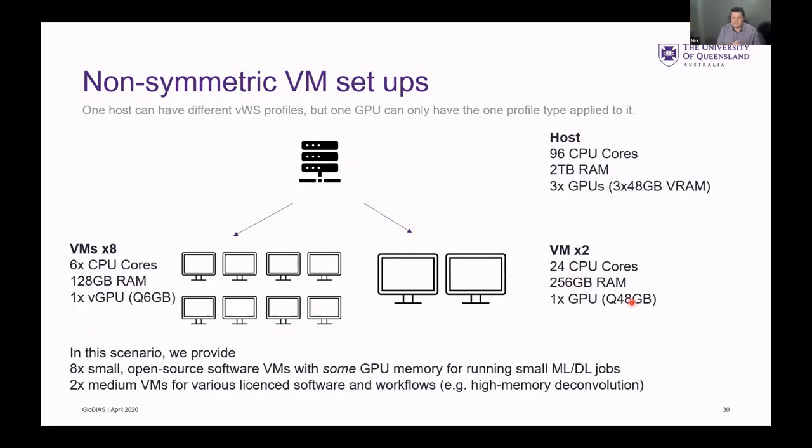And then we have 8 smaller ones that run a lot of our open source software, but we do give them some GPUs. They get one card carved up into 8 by 6 gig virtual GPUs. And that's enough to run a small Cellpose job or begin to dabble with some of these machine learning tools that are becoming more prevalent. Whereas the bigger GPUs allow for some high memory deconvolution, so you can load in a whole large volume to process without chopping it up.